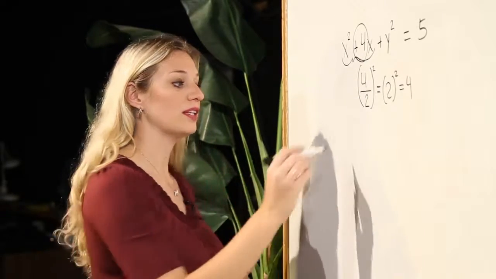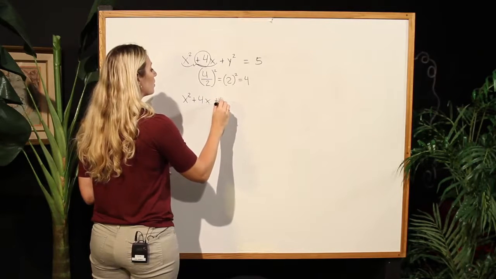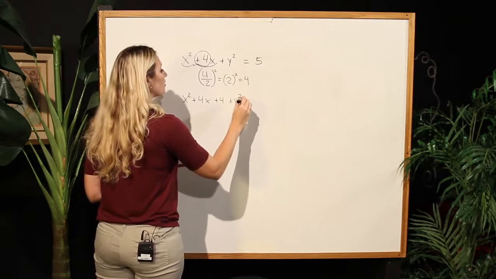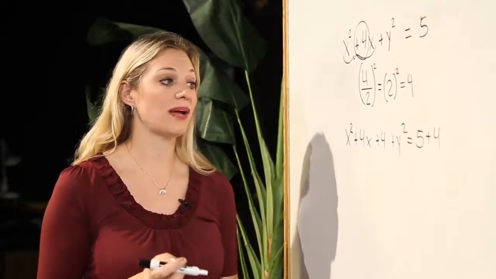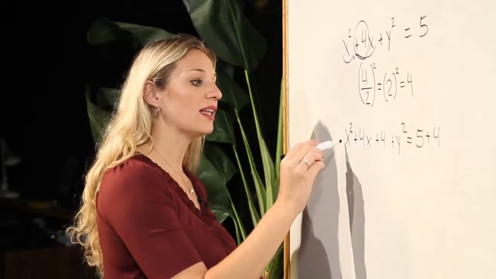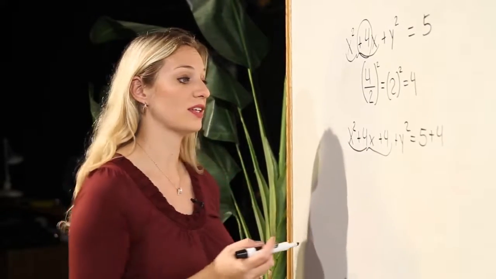Now that I have completed the square, I will go ahead and add this 4 to both sides of my equation in order to keep the equation balanced. Now, let us look at our new trinomial that we have with our x's.